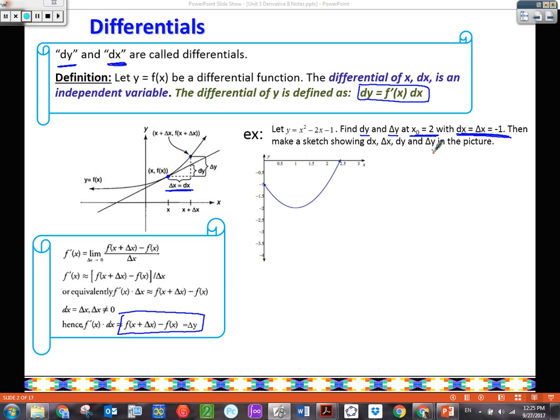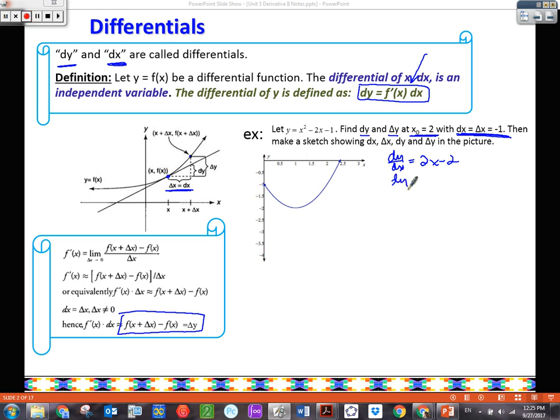So I'm going to start with dy first. That's the easiest one. I'm going to take the derivative of my function. So dy dx equals, so we're taking the derivative using the power rule, 2x minus 2. Okay, that's the beginning of this formula. Now, all I have to do, so I'm going to show you how I use the formula.